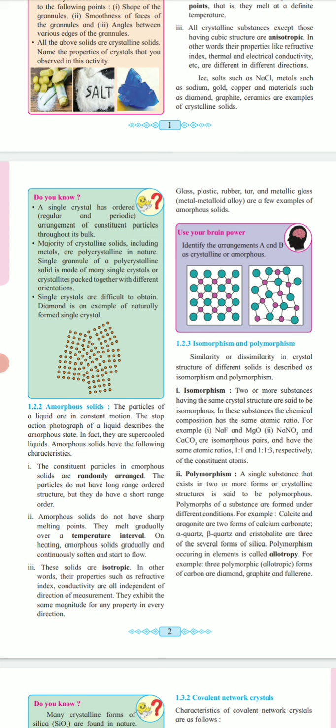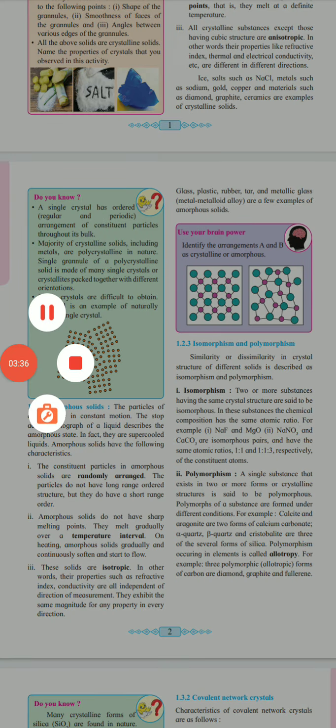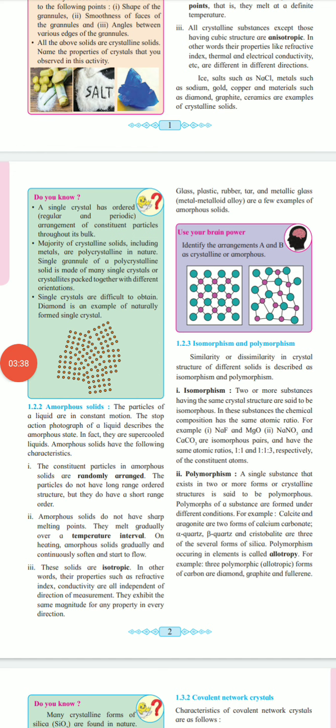First, the constituent particles in amorphous solids are randomly arranged. The particles do not have long range ordered structure, but they do have a short range order.